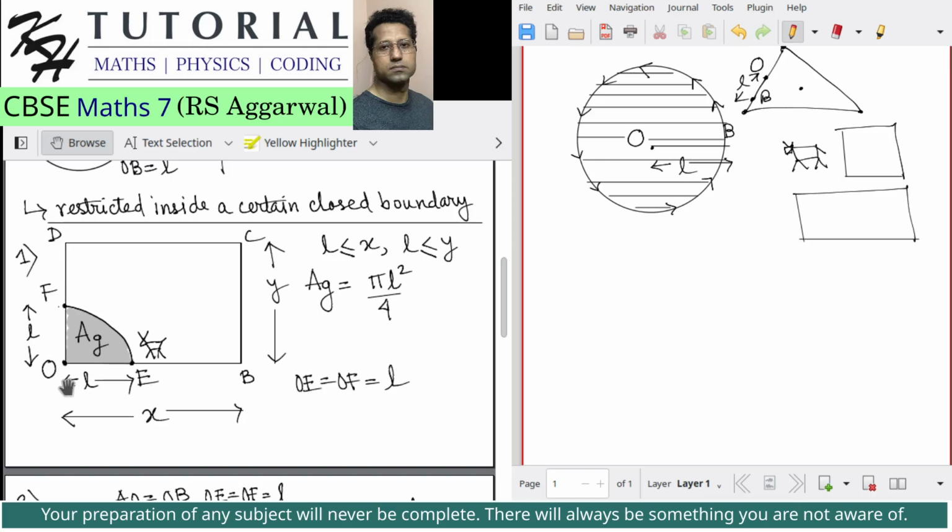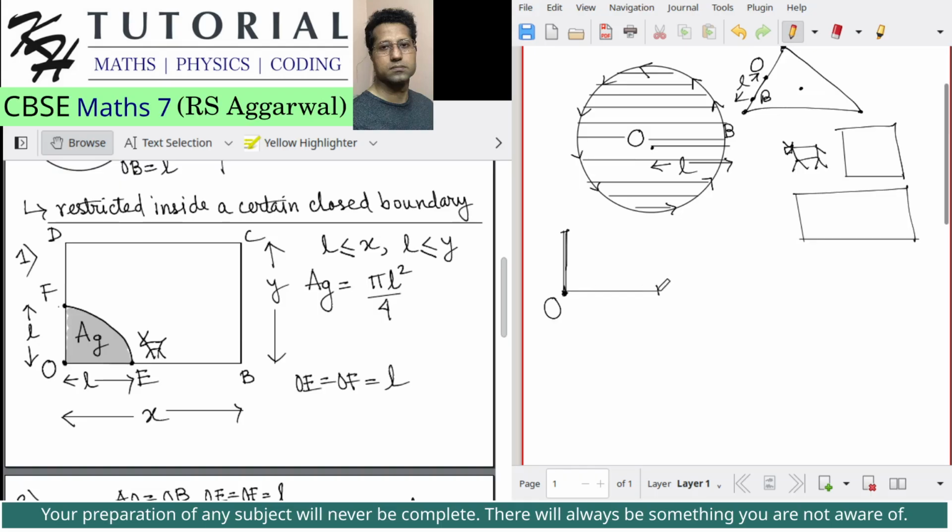Now I will always refer to the point at which the animal is tied as the point O. So in the figure on the left hand side, the concept is that there is a pole. The better way of explaining is that there is a pole which is standing, fixed on the ground, and the foot of the pole is basically the point O, and with this pole there is a rope.